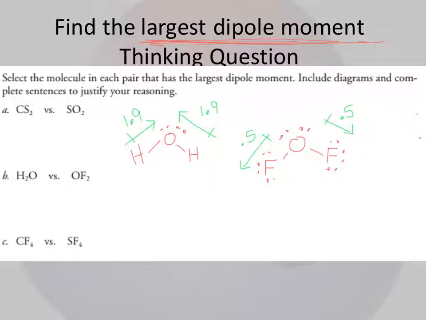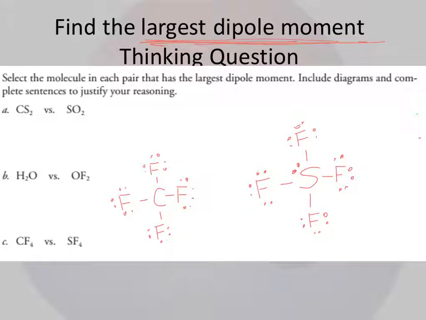So that definitely means that this H2O molecule should have a larger overall dipole because the bonds are actually additive to the lone pairs, whereas over here there's some canceling out going on, so it's not going to be nearly as polar a molecule. So definitely H2O wins in this case for having the largest dipole.